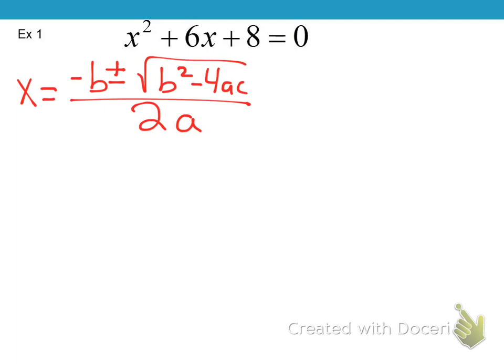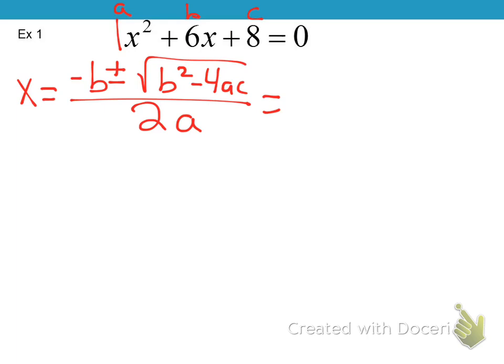So, the other trick, besides the lovely singing, is identifying what's A, what's B, and what's C. So, in this problem, what is my A? 1. So, this is A. What's B? 6. And what's C? 8. So, I'm going to rewrite this. I'm not going to write the A equals every time, or the X equals every time. I'm just going to start with the negative B part.